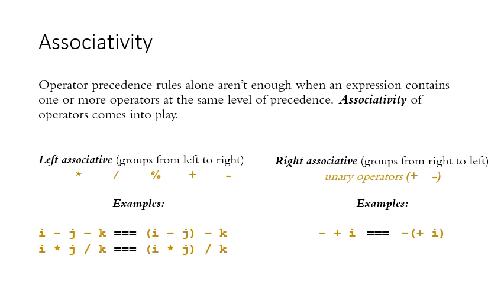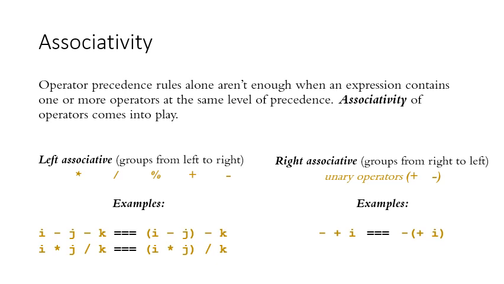Then for i times j divided by k, the multiplication and division operators have the same precedence, so we group from left to right. We evaluate i times j first, then it is grouped with divided by k.